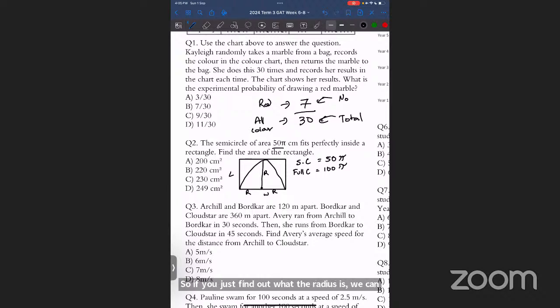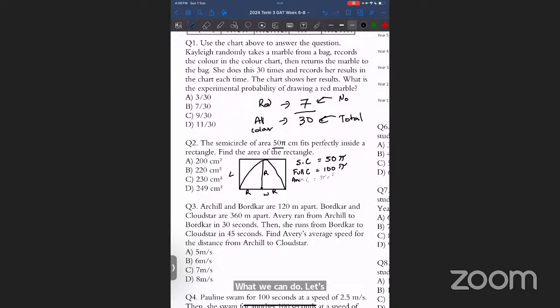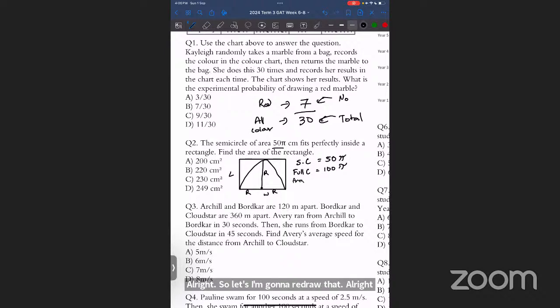Now, to do that, we all know that the area of a circle is pi r squared. So since we know that, what we can do, let's see, okay, I want to get this to about 3. All right, so I'm going to rub this out, redraw that. We know that the area of a circle is pi multiplied by r squared.